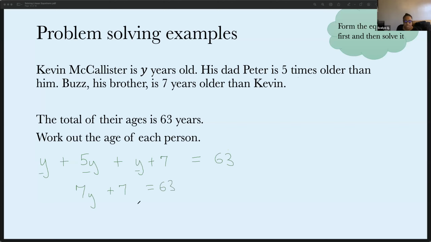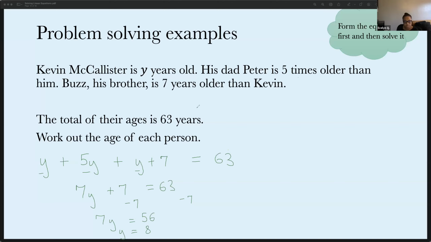To solve this, we need to subtract 7 from both sides. So we've got 7y equals 63 minus 7, which is 56. Then dividing both sides by 7, 56 divided by 7 is 8. So y equals 8.